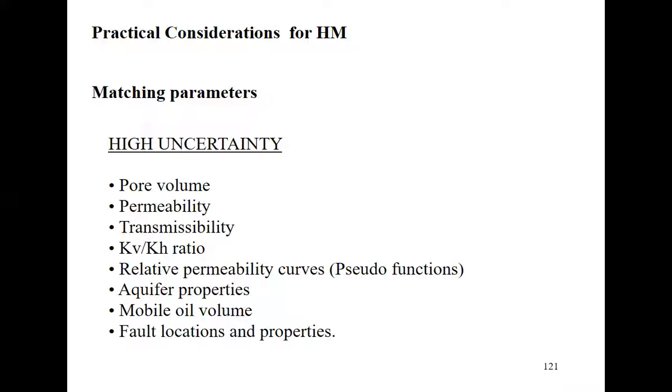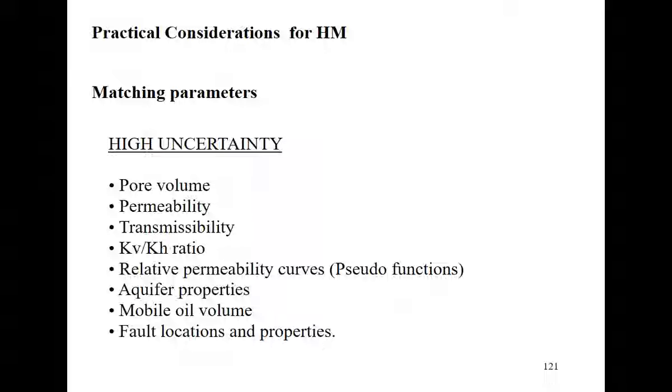The fault locations, for example. If we don't have well testing, you have to do a long build up to reach the boundaries, and you may find that your well is at a given distance from a fault. And then you may say that there is a fault at that distance.